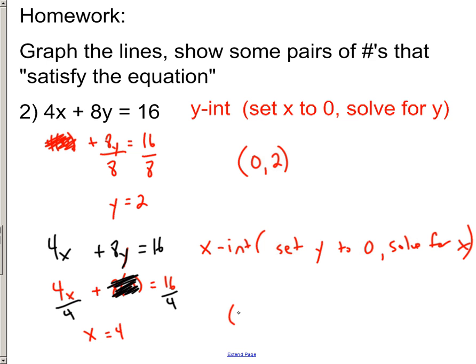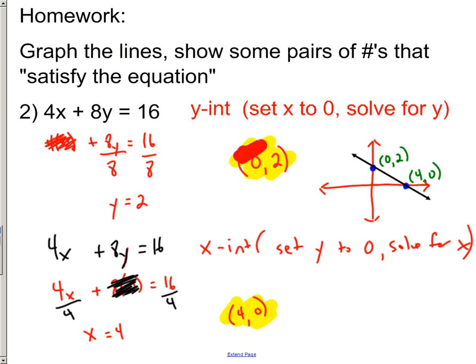So I know that my x-intercept is 4, 0. So if you take these 2 points and graph them, you're done. So let's just do a very small Cartesian plane here. And there you have it.